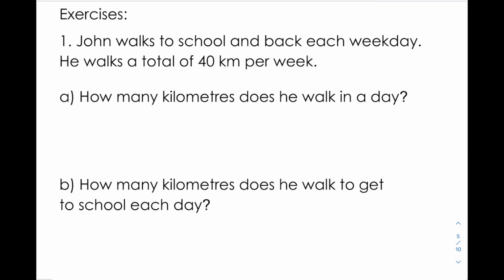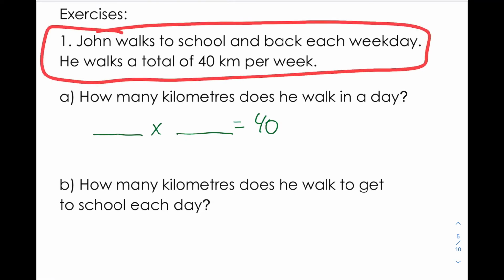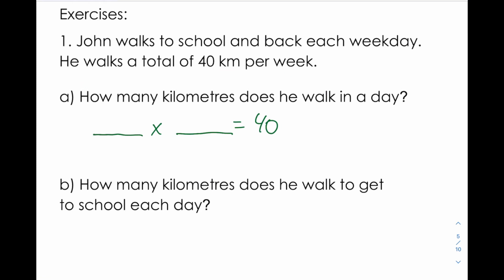John walks to school and back each weekday. He walks a total of 40 kilometers per week. So total of 40 kilometers. How many kilometers does he walk in a day? Let's go back and reread the original sentence again. John walks to school and back each weekday.